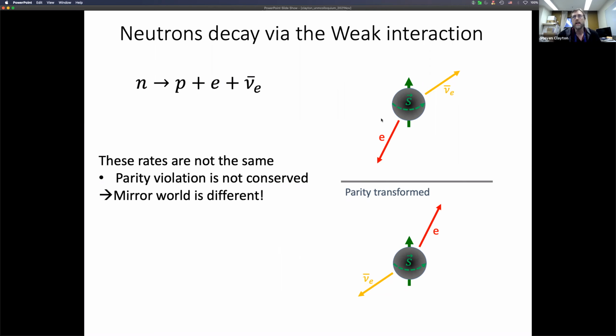That's left over after the decay. If we invert all the spatial dimensions, the spin doesn't invert, but these momenta do. Then we find the rate on the bottom here is not the same as the rate on the top, and so the strength of these two things is different. It means parity is not conserved, and the mirror world is different in this way.